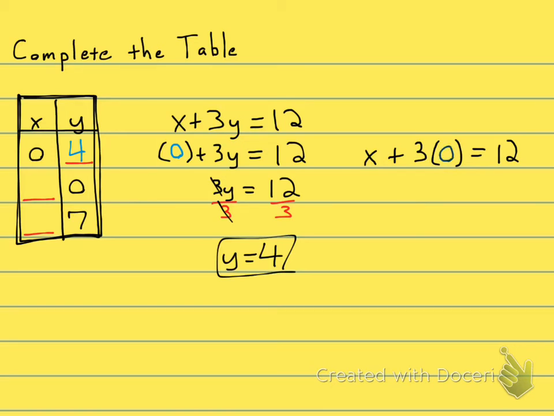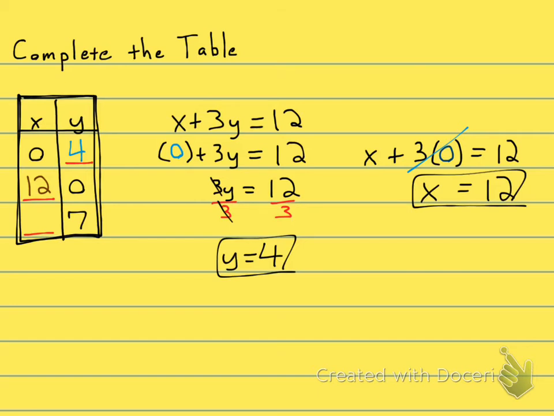Now 3 times 0 is just 0. So the x comes down by itself. x plus 0 is just x. And then we find out that x equals 12. So this ordered pair here is 12, 0. And we have one more.